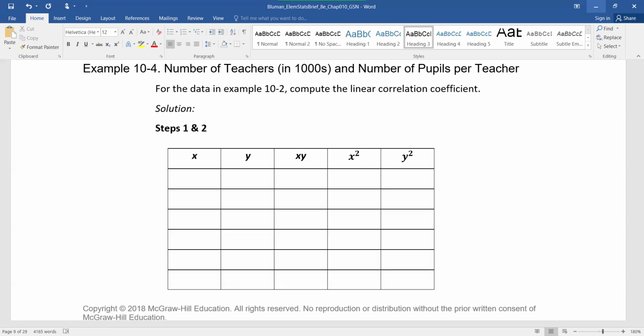It's the teachers and pupils. Again, don't forget to name your columns X and Y. That's going to be very important for this next step.